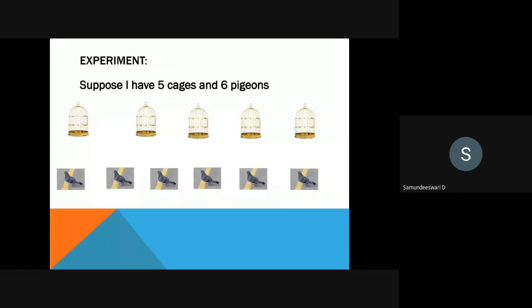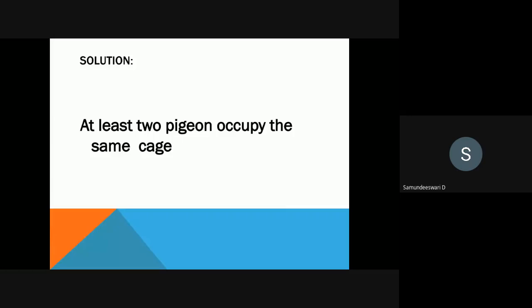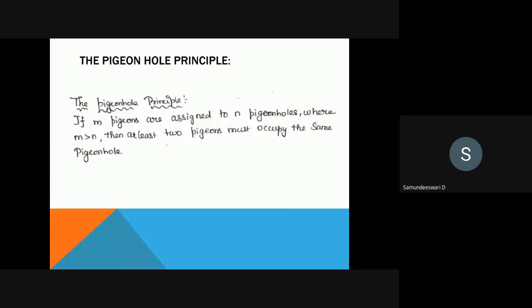If m pigeons are assigned to n pigeonholes, where m is greater than n, then at least two pigeons must occupy the same pigeonhole. In other words, there is more than one pigeon in the same pigeonhole.